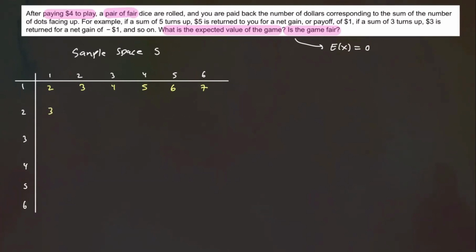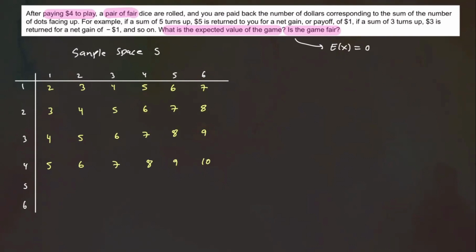Here the sum could be a 3, this is 4, 5, 6, 7, 8. And here we could get the sum to be a 4, 5, 6, 7, 8, or 9. Again, if you're confused, this is by getting 6 on one of the dice and 3 on the other die. That's how we get the sum to be a 9. Keep going. So this is a 5, 6, 7, 8, 9, 10.